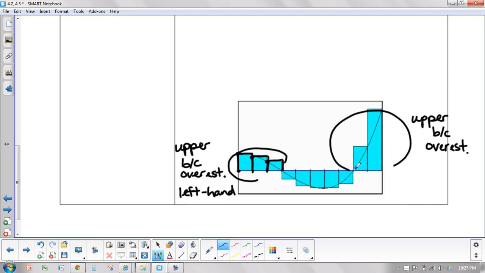But if you take a look and decide as far as where the rectangle goes, going up to the function and over, going up until I hit the function and over, these happen to be right hand sums. So in your initial definition, the upper sum went with right hand. But in this picture, you've seen an upper sum that happens to be left hand and an upper sum that happens to be right hand.